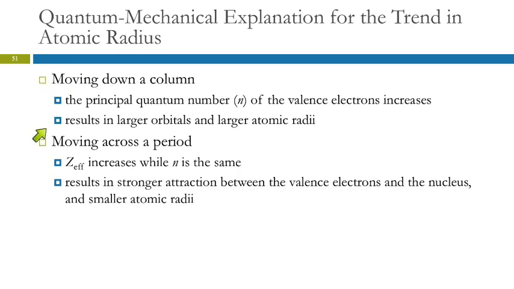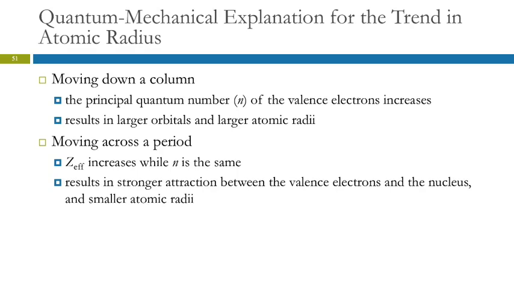So moving down a column, the principal quantum number of the valence electrons is increasing. Those electrons are going into higher and higher floors in the hotel, and of course they're farther away from the front desk, which would be the nucleus. We get larger orbitals, larger atomic radii. That makes sense. Moving across a period, the effective nuclear charge increases while the principal quantum number is the same.